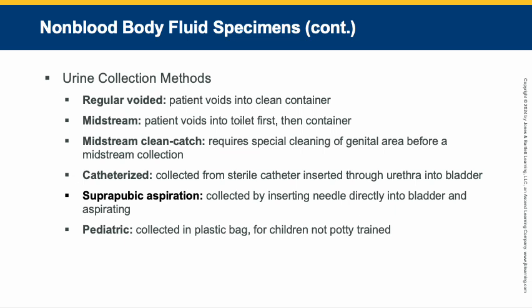So the bag is placed around the vagina or over the penis, and then a diaper can be put over that collection bag so the baby doesn't pull it off. And then they're checked every 15 minutes until you have enough specimen. The bag is then removed, sealed, or the urine is poured into a sterile container, and then it's labeled and sent to the lab.